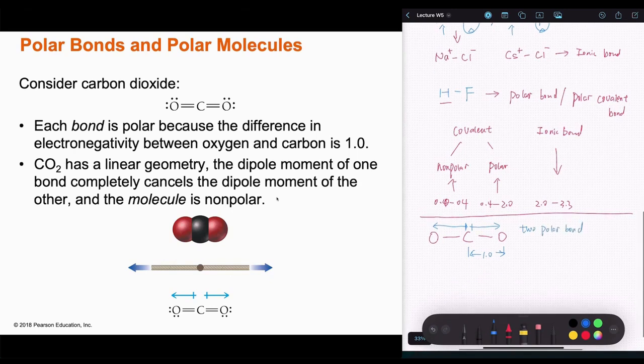Does having two polar bonds necessarily mean this carbon dioxide is a polar molecule? Surely it is not.